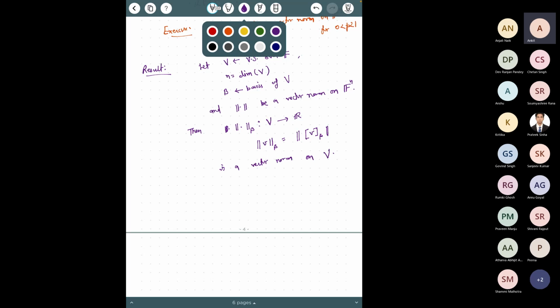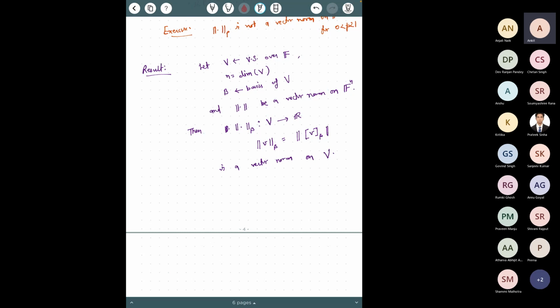And there are infinitely many norms on F^n also, we already know, right? These l^p norms. So for every basis you can define infinitely many norms. Or if you fix a norm here and choose different bases, then also you can define several types of norms.